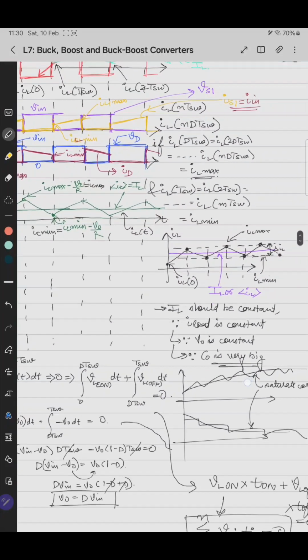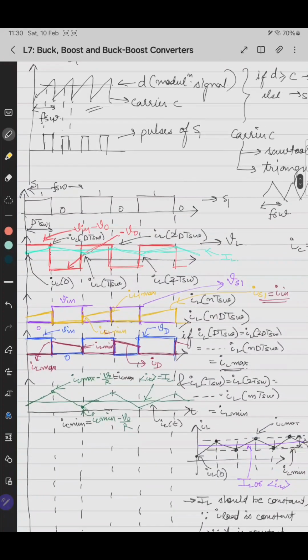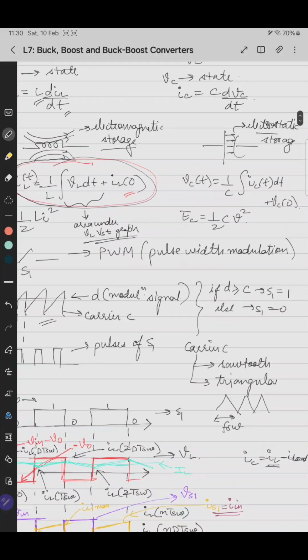So we apply the same energy storage principle of the inductor to the capacitor, the only difference being that the capacitor stores energy in electrostatic form. If the inductor saturates, it will lose its inductance properties and become a simple short circuit, meaning it will not store and release energy for each switching cycle, and the average value will not be constant.